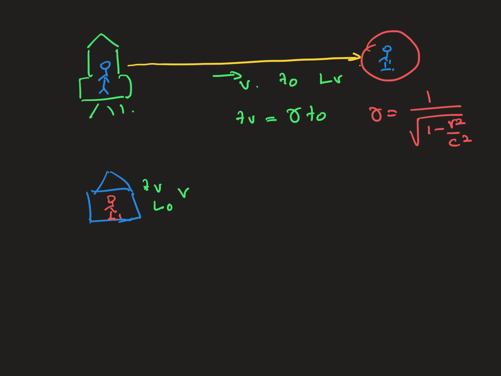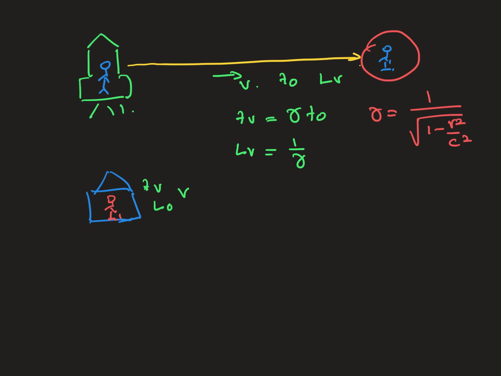Say for instance, if this goes above the speed of light, then this is going to be a minus value. So we can't find a gamma when this is a minus value. And for the length contraction, he came up with another formula, which is quite similar to what we have done for the time: LV, the contracted length, is equal to 1 over gamma times L0.